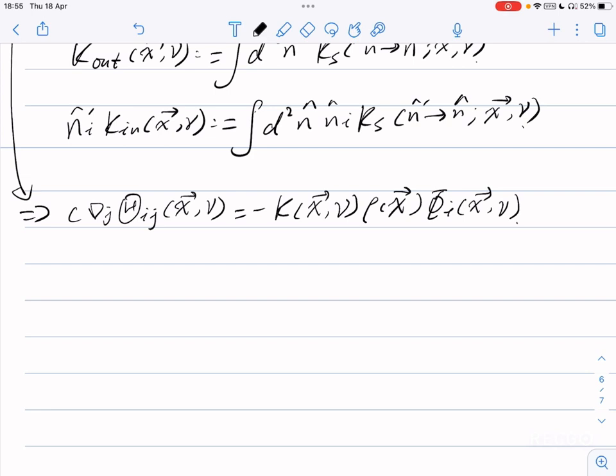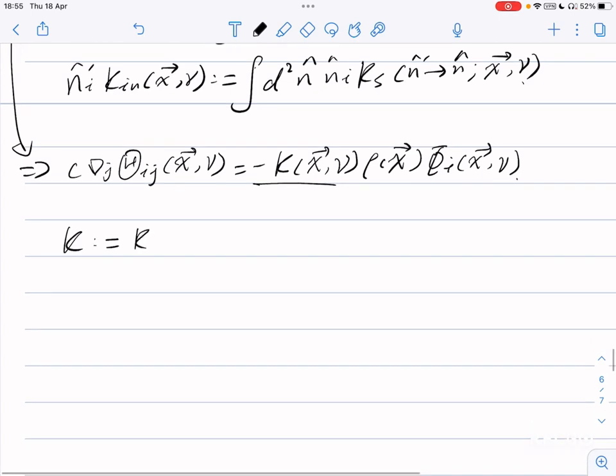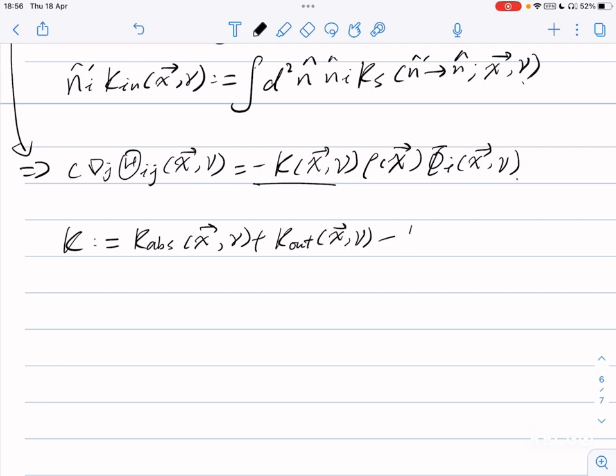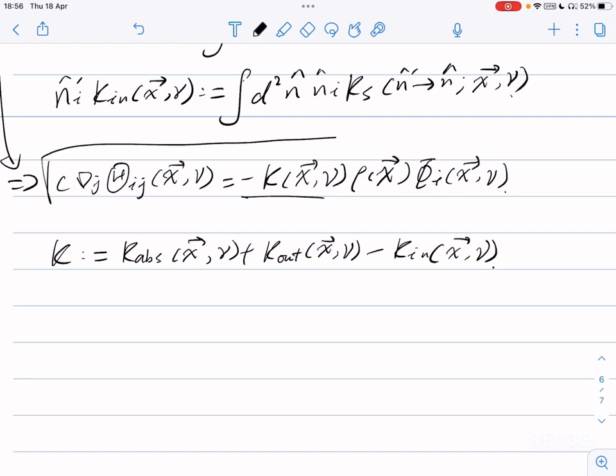Here chi is the total opacity, equal to the absorption plus chi out minus chi in. This is another important equation.